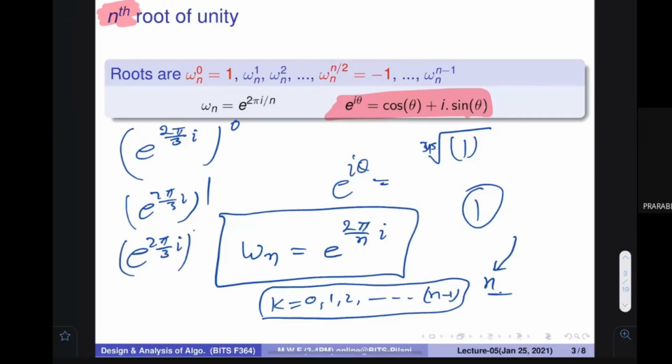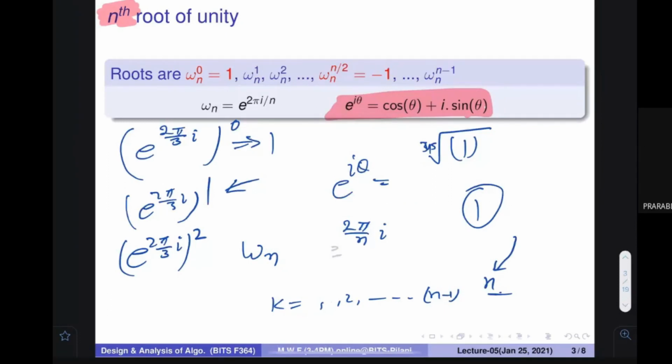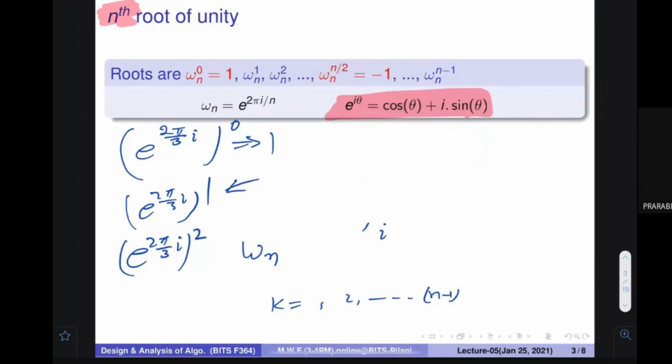What is the second one? You can use this particular formula, cos theta plus i sin theta. Everybody is okay that it is going to be cos of 2 pi by 3 plus i sin 2 pi by 3.